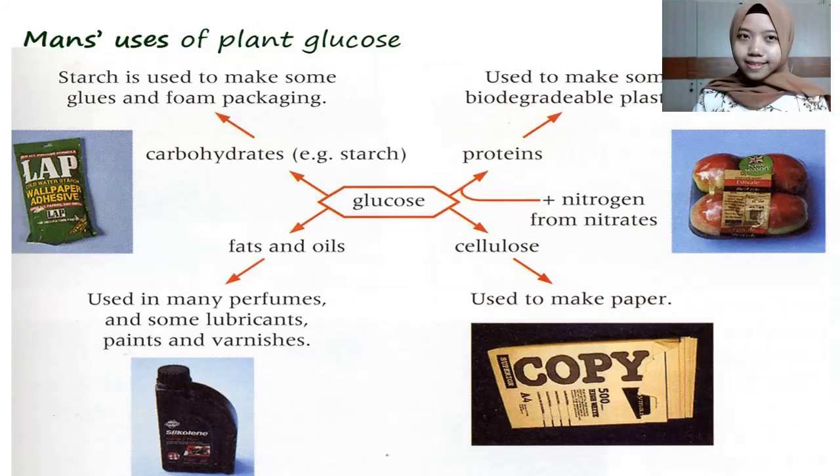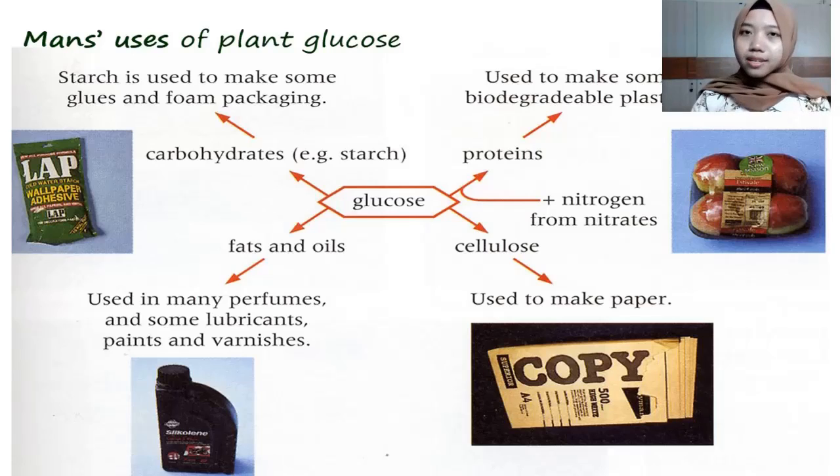Man's uses of plant glucose. Glucose has four uses. The first is carbohydrates, the second is proteins, the third is fats and oils, and the fourth is cellulose. Carbohydrates: starch is used to make some glues and foam packaging.